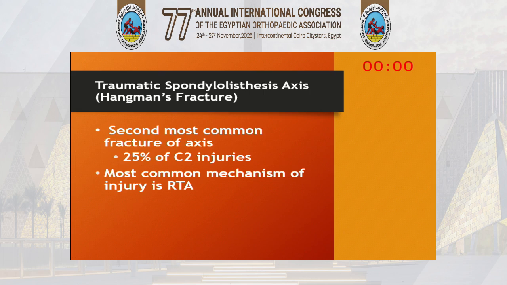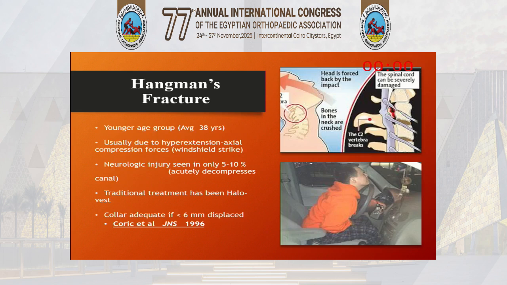It is the second most common fracture of the axis, 25% of C2, and the most common mechanism of injury is road traffic accidents.